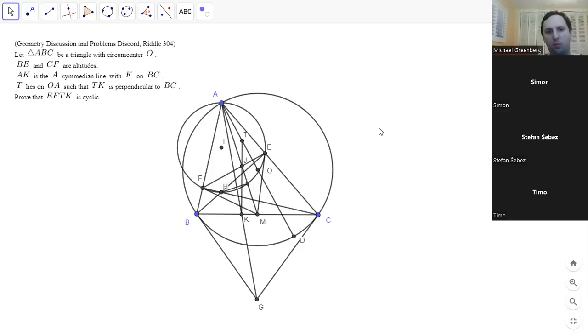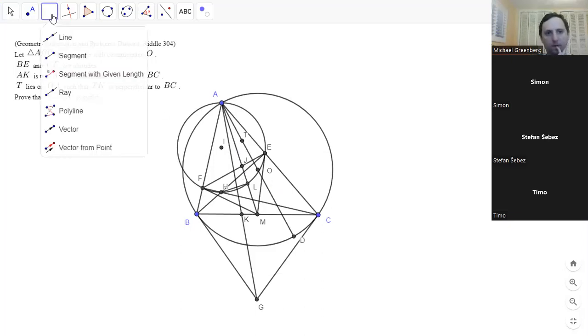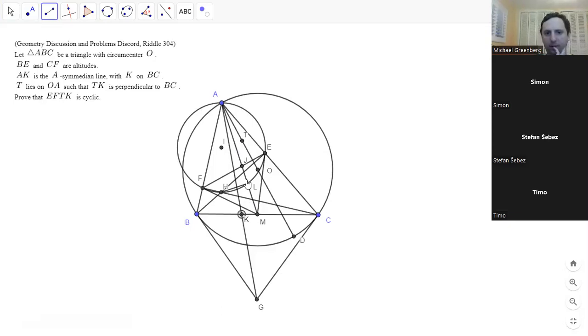Okay, I proved that AM, EF, and TK concur. Basically, we let AM and EF intersect at J. Then we take K such that JK is perpendicular to BC, just redefining the points.